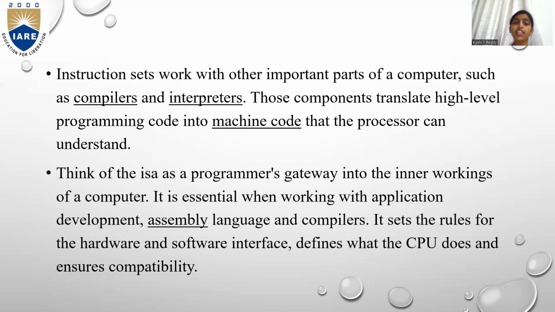Instruction sets work with other important parts of computers such as compilers and interpreters. Those components translate high level programming code into machine code that a processor can understand. Think of the ISA as a programmer's gateway into the inner workings of a computer. It is essential when working with application development, assembly languages, and compilers. It sets the rules for the hardware and software interface, defines what the CPU does and ensures its compatibility.